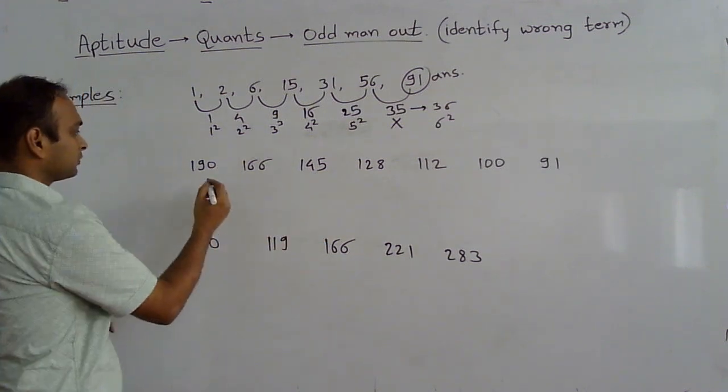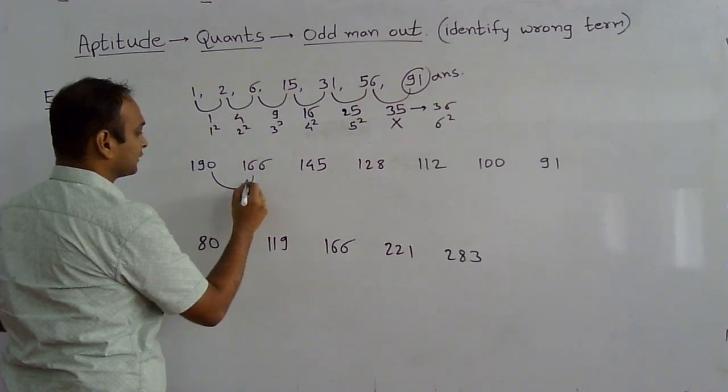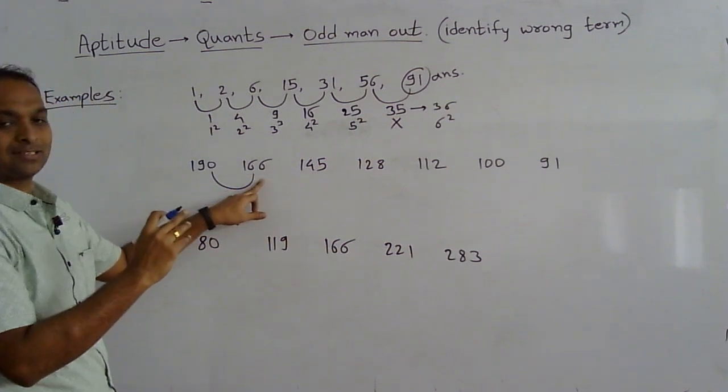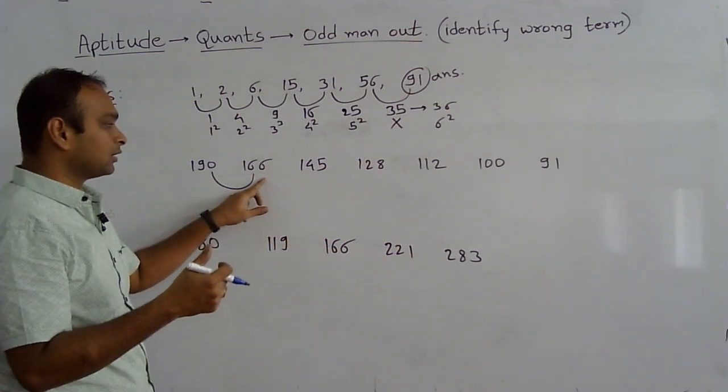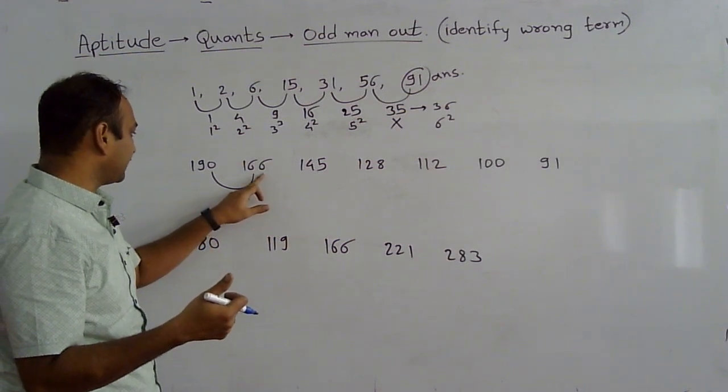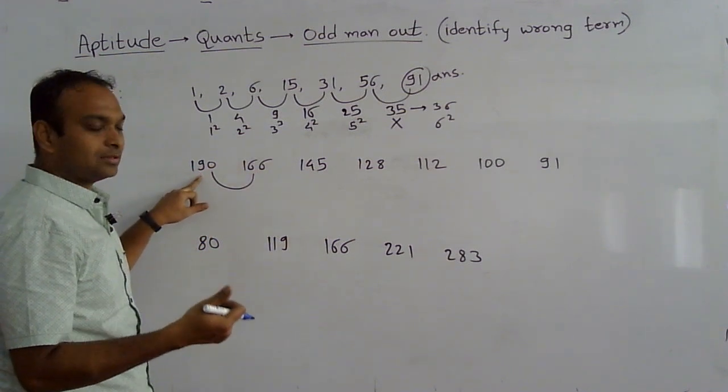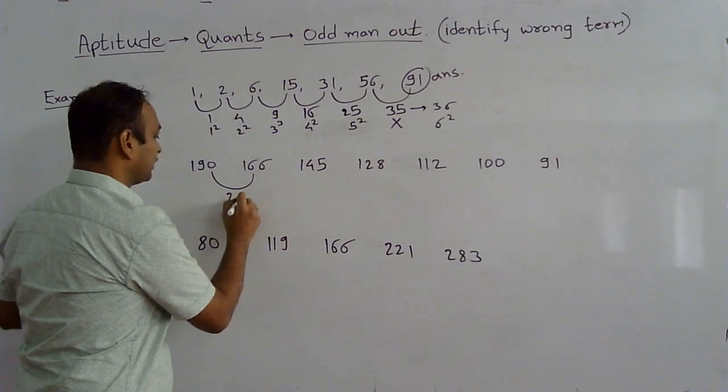So if we find out the difference between 190 and 166, 166 plus 4 is 170, 170 plus 20 is 190, so the difference is 24.